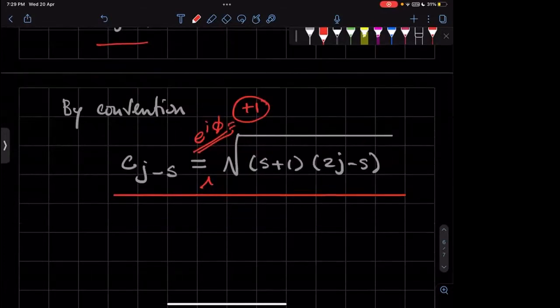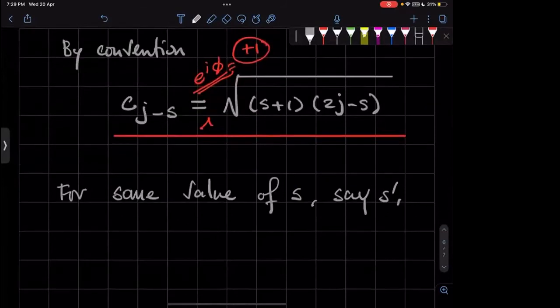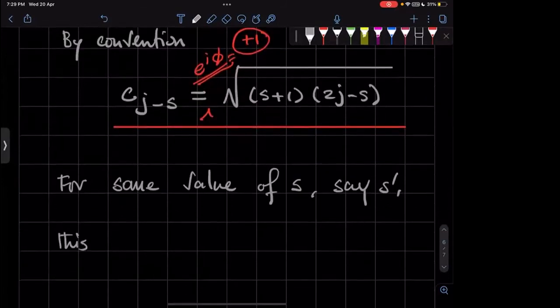So for some value of S, say S prime, this sequence must terminate. Okay.